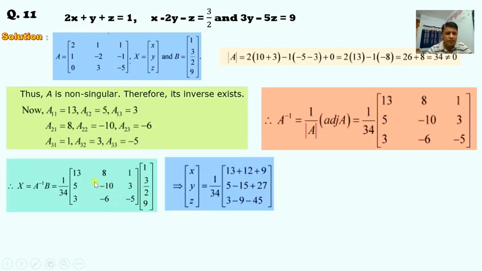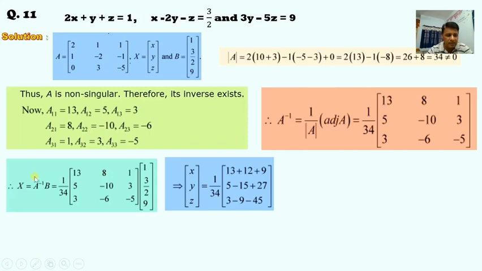So what do we do now? As I said, we will multiply these two. As I told you, 1 upon 34 outside, and then this 3 by 3 and 3 by 1, so we will have a 3 by 1 matrix.